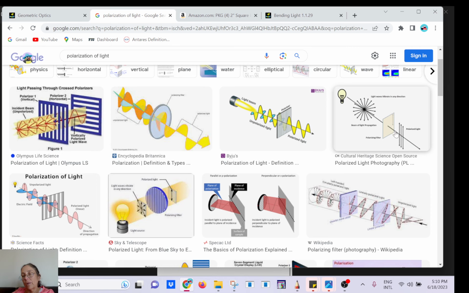It goes through a polarizer like the slide, and now the electric field can only shake up and down and up and down, and all the other ones have been cancelled. You can see that here. You have one wave with the electric field shaking in this direction, here it's shaking in that direction, that direction. It goes through that polarizer, and now it's only shaking in this direction, which means that the intensity of light will decrease as well. Now you have another polarizer in the opposite direction, like here. So there it will be all dark.